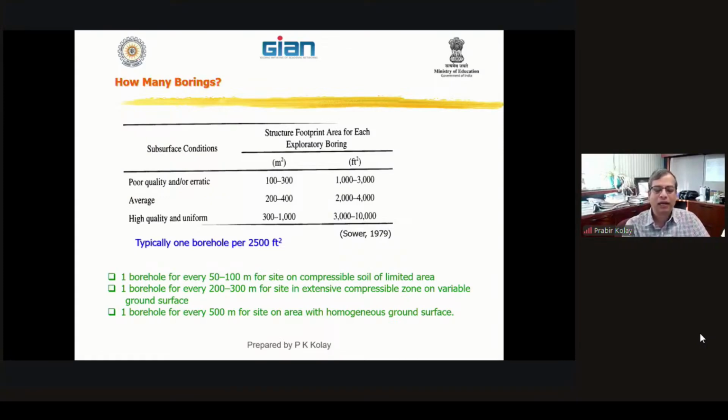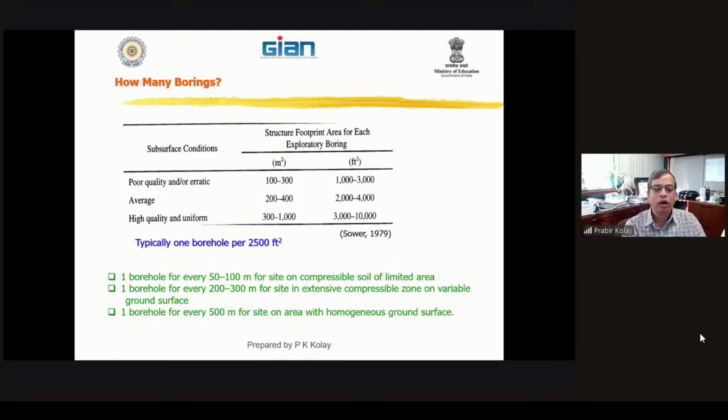So as you have seen, if the soil is very poor or erratic, because the soil properties vary, then you need to cover a lesser area per borehole. You need to do more boreholes, right? If you have very high quality or uniform soils, similar types of soils, then you can increase the area and reduce the number of boreholes.